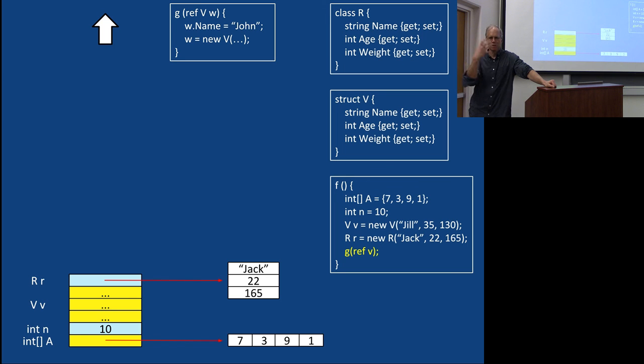But if you're passing bigger things like a struct as a parameter, passing it by reference allows you to avoid the copy. Passing by reference also gives you a way to return more than one thing from a method, like we saw. It gives the method that you're calling a way to modify variables down in the other stack frame. So that's another advantage of call by reference.